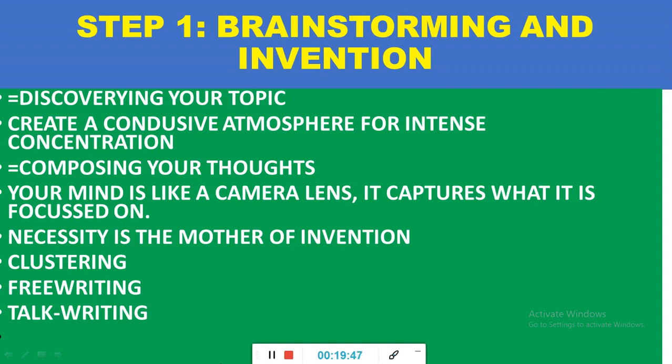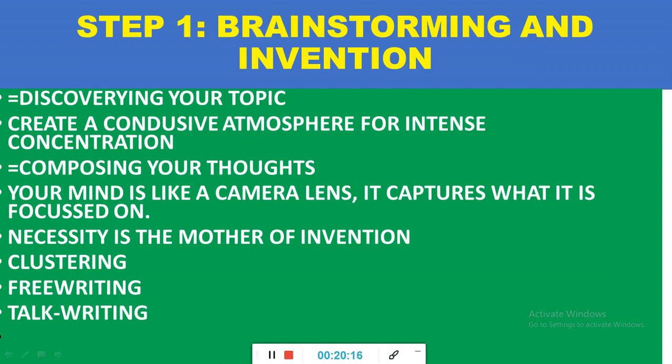So these are ways that you can explore, that you can maximize, that will enable you to really generate your ideas for your writing. Because your aim at this point is not only to discover your topic, but to discover the thematic preoccupation, to discover the thesis, to discover the subject matter, to discover the dimensions and the perspectives, and everything that is discoverable, everything that will help you to write well.